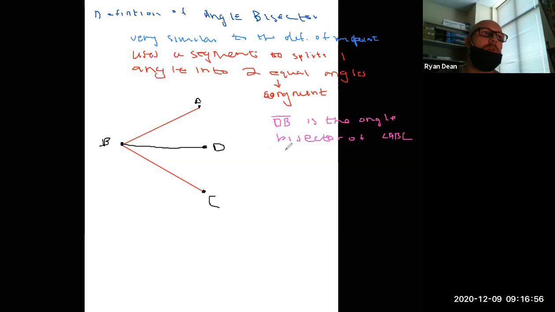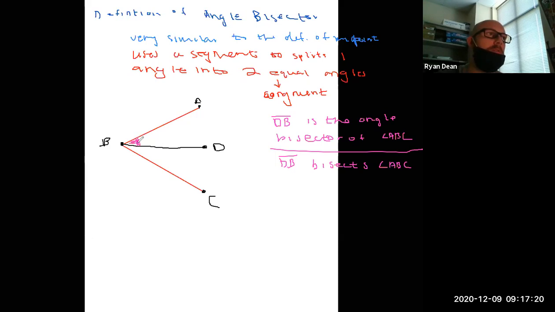So this is one way that you could see it. You could also see it like this. This would probably be like a given statement: DB bisects angle ABC. And when you see this right here, you come over to your picture and you find angle ABC, you find DB, and then it's going to create two congruent angles.